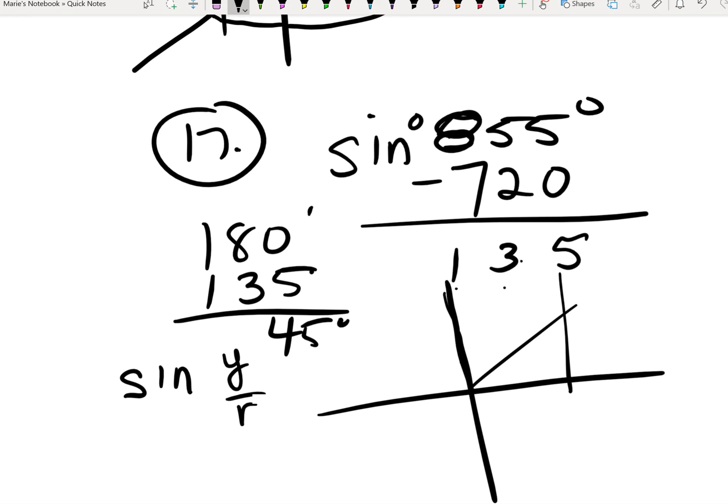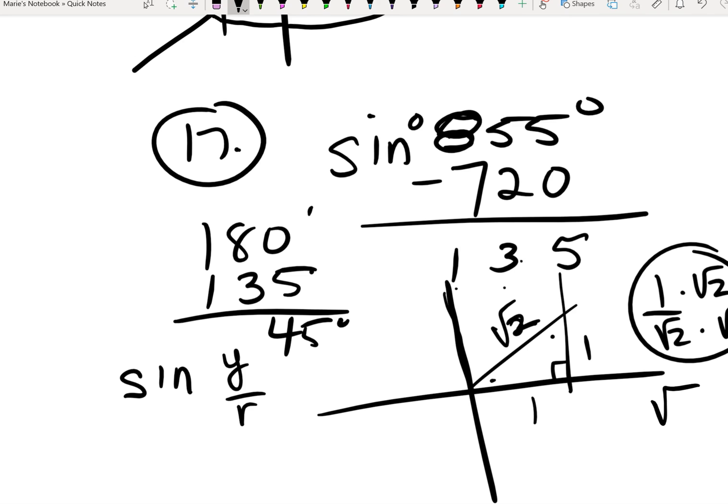So if we draw it out, this is 1, square root of 2. If this is the 90 degree, this is 45. And you should be able to rationalize it. So if you have 1 over square root of 2, you simply multiply square root of 2 top and bottom, that cancels. You get square root of 2 over 2, which is answer choice D.